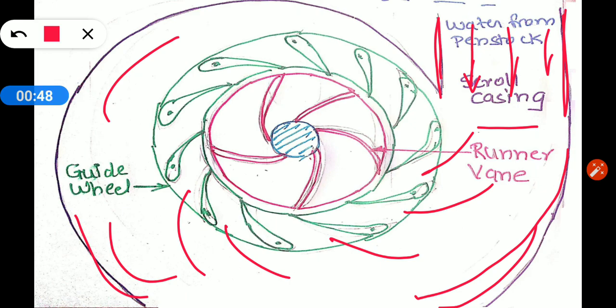So proportionate to the decrease in discharge, the area is also decreased, so that we should get a constant velocity throughout the flow passage in the spiral casing, so that the velocity at the inlet to the guide wheel everywhere should be the same. And in order to do that, we are decreasing the area.